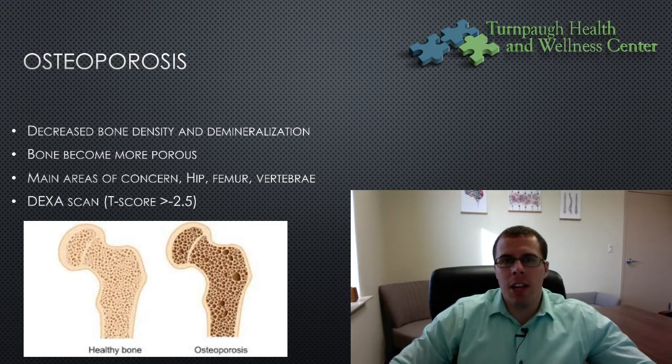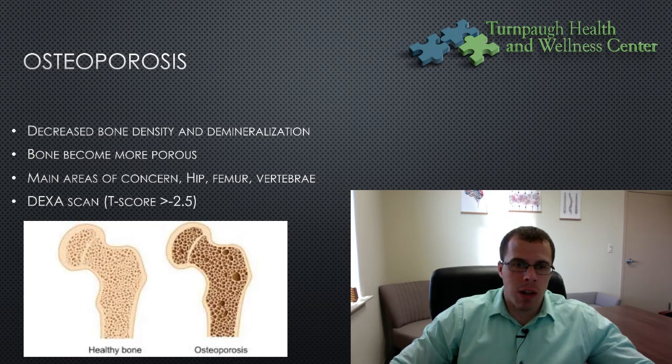Osteoporosis is the decrease of bone density and demineralization of the bone. So the bone becomes weaker, more brittle, with a much higher risk for fracture. As we mentioned, and you can see in this picture, the bone becomes more porous. You can see the trabeculae, which is the inside, kind of the lattice structure of that bone.